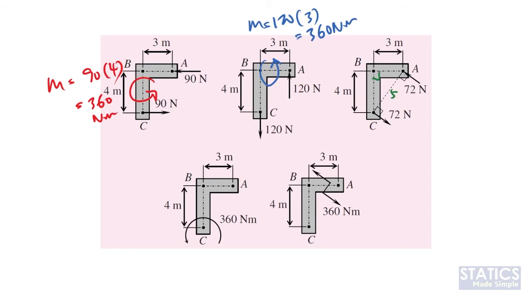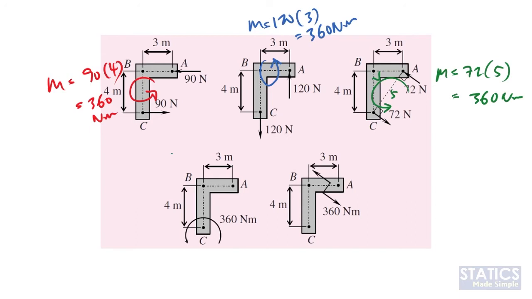So again, this 72 Newton force will create a moment, and that moment is creating a rotation clockwise again. So the moment is equal to 72 times 5, which will give us 360 Newton meter again. Okay, again, it's the same free couple, given through different types of force.